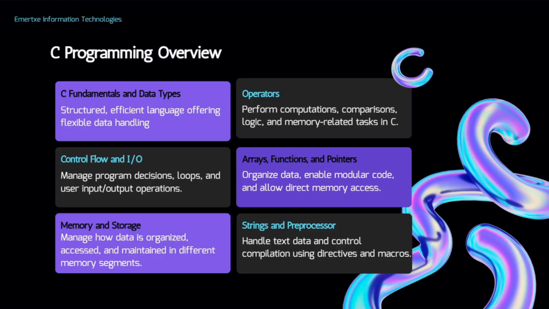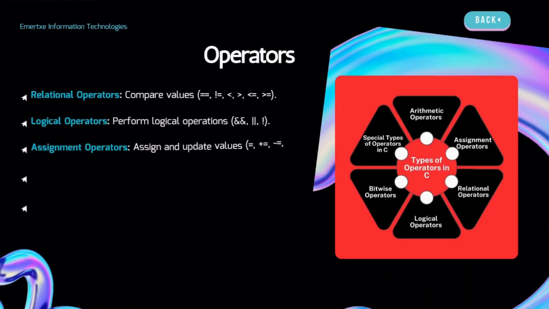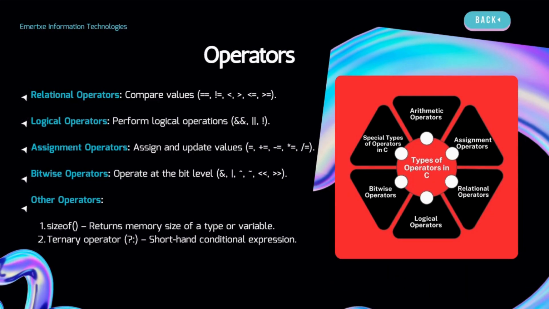Next, let me move on to operators. Operators in C are our tools for performing computation, logic, and memory manipulation. We covered relational operators like less than, greater than, equal to, not equal to, etc. Logical operators like and, or, not, and assignment operators like equal to, plus equal to, minus equal to, and so forth.